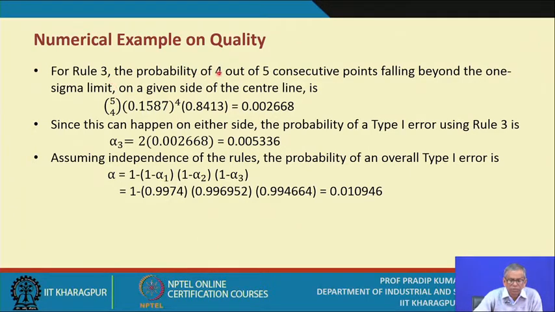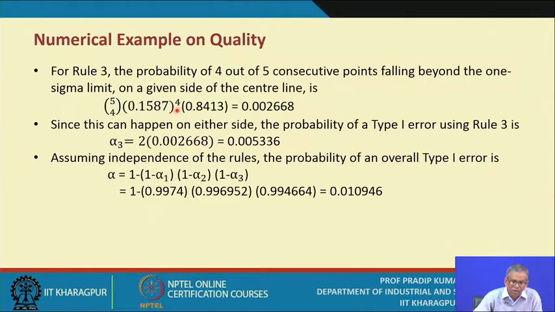So same approach we follow for rule 3. For rule 3, the probability of 4 out of 5 consecutive points falling beyond the 1 sigma limit on a given side of the center line is 5C4. Now what is the probability that a sample point falls beyond the 1 sigma limit from the center line? On one side it will be 0.1587, and if you consider the other side it will be 0.3174 in total. So we are considering one side of the central line, that's why it is 0.1587.